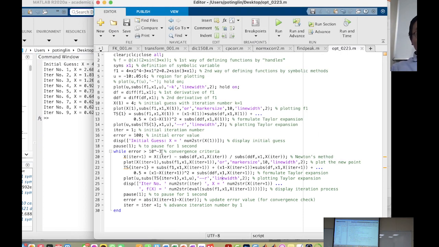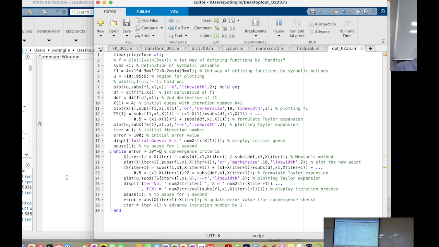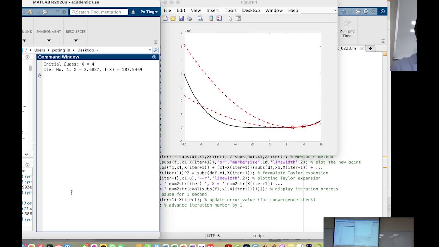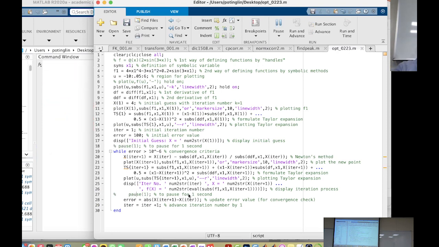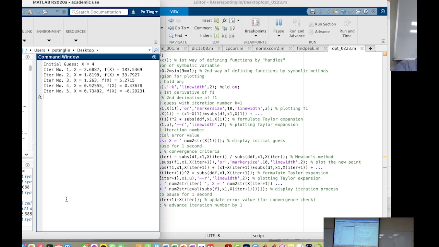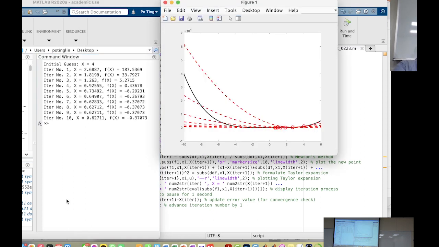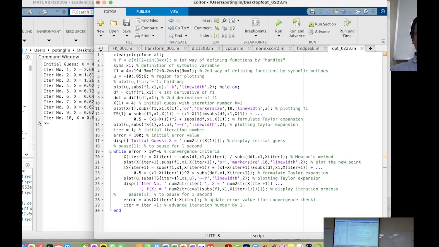So if I make the criteria even smaller, if I drop it to 10 to the power of -6, it will iterate more. It's taking too much time. Let me turn off the pause. We don't need a pause anymore. It's faster. Now, it only advanced by one more iteration. Let's also plot out the error to figure out what's going on.